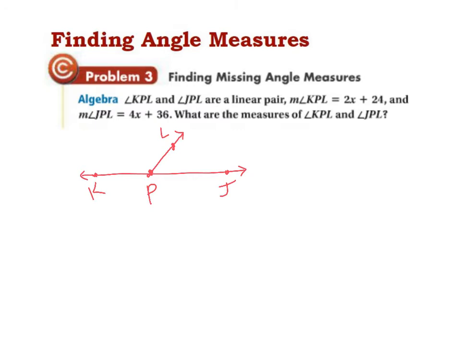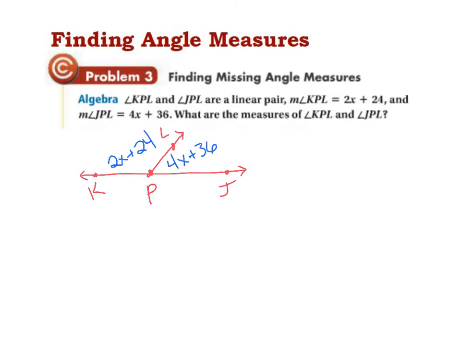Now it says the measure of angle KPL is 2x plus 24, and JPL is 4x plus 36. What are the measures of those two angles?